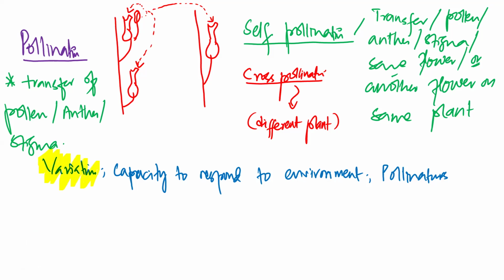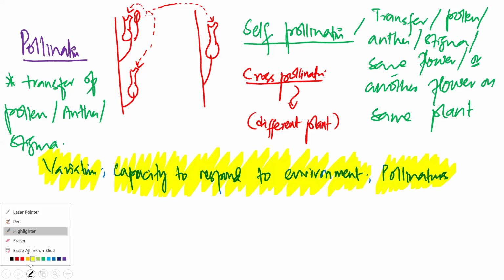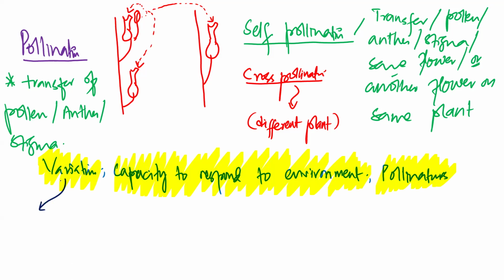Cross pollination. But just self or cross, which one ensures more variation? Cross pollination. So do you think self pollination produces no variety or less variety? Less variety, because it's from one flower to the other flower on the same plant. Yes, very good.